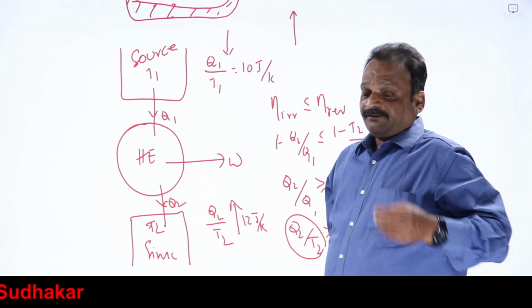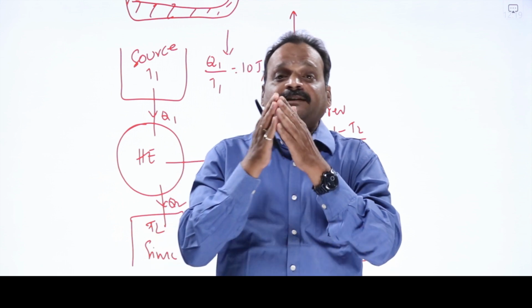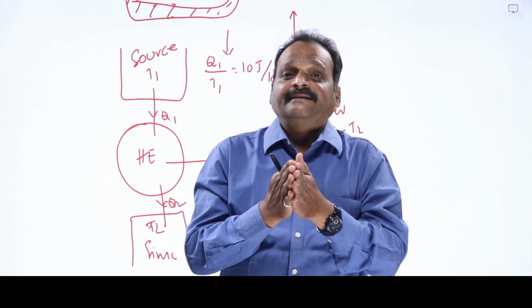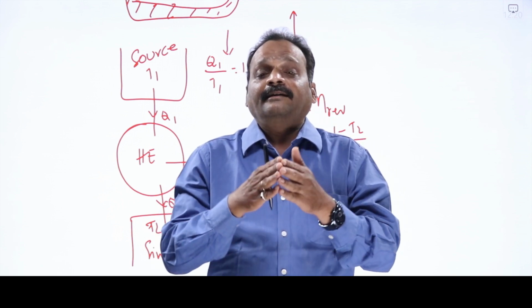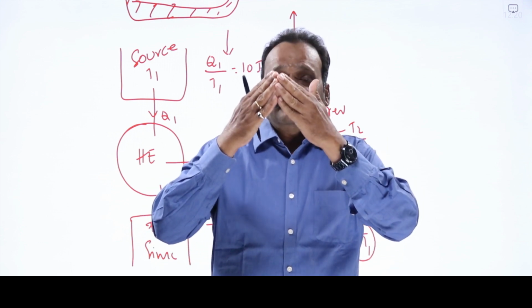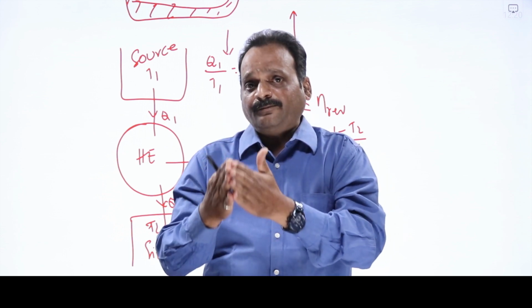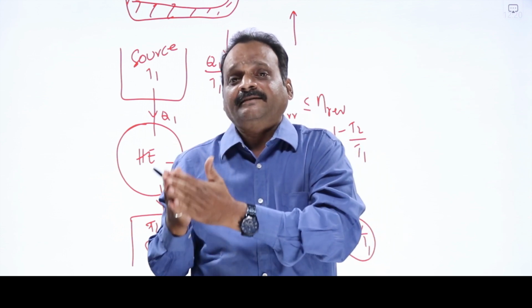Means if the process is a reversible process, system's entropy remains constant. If the process is an irreversible process, entropy of the universe is increasing. If it is a reversible process, system plus surroundings entropy, or isolated system's entropy, or universe entropy remains constant.